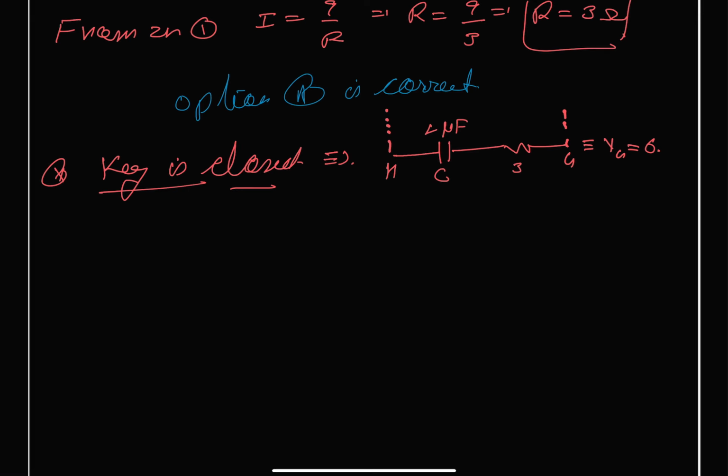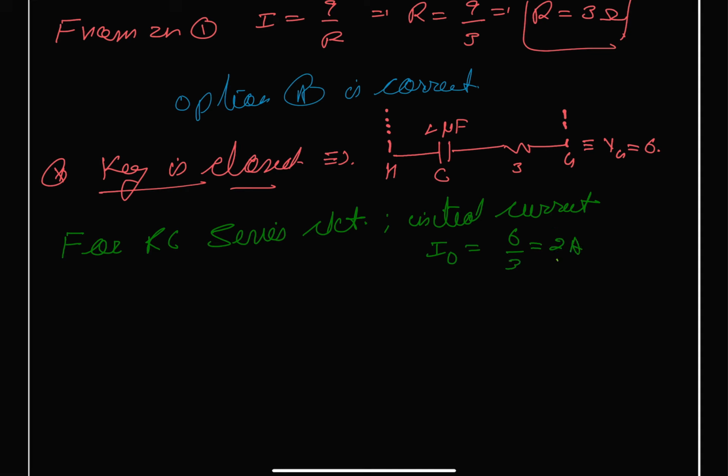Therefore for RC series circuit, initial current I naught will be equal to, we already know VG, so this comes as 6 divided by 3 coming as 2 amperes. So this is our I naught.